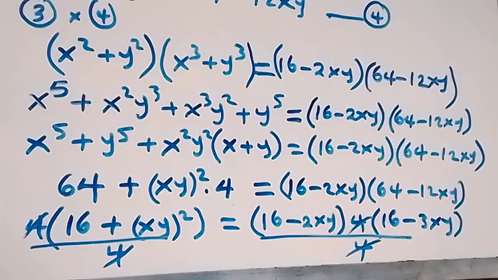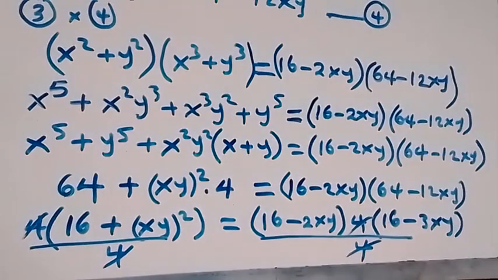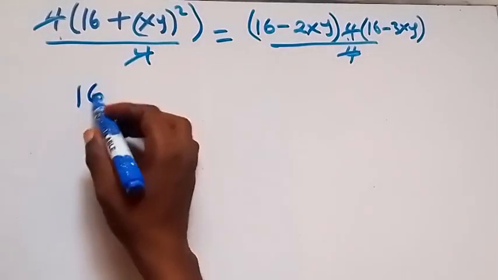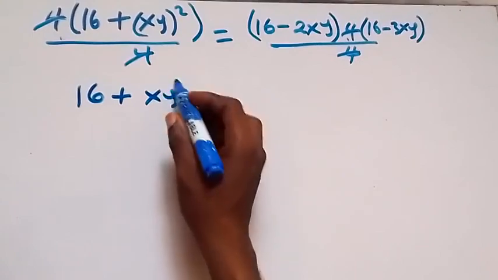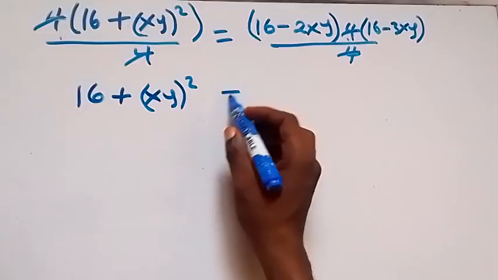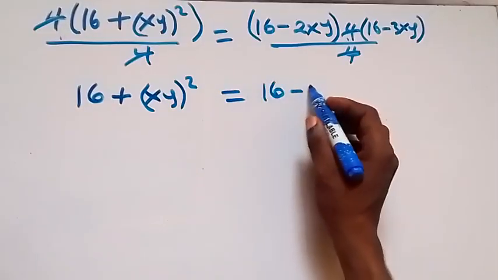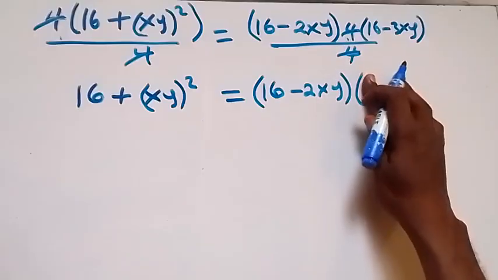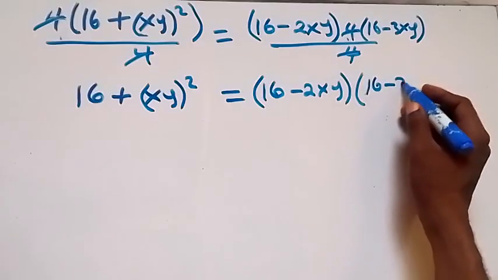Then we have 16 plus xy squared left here, equals, on this side we have 16 minus 2xy multiplied by 16 minus 3xy left here.